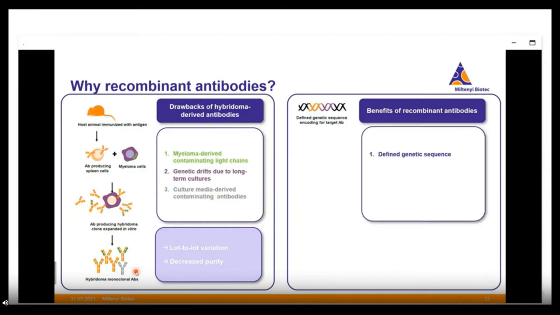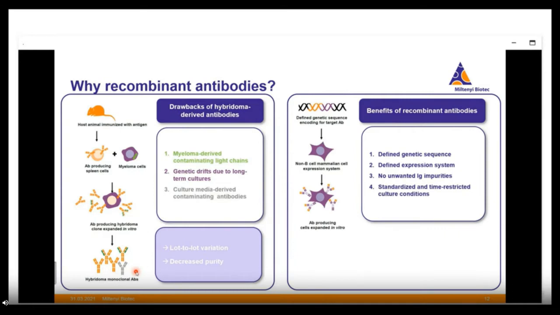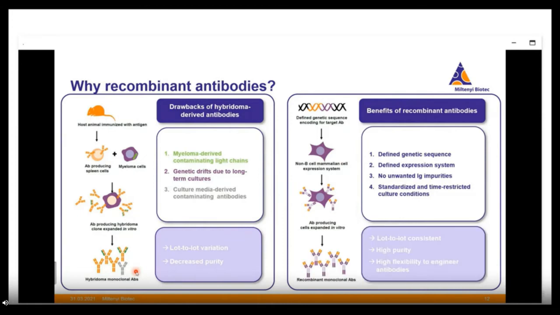Recombinant antibodies, on the other hand, are genetically engineered. They have a defined DNA sequence which is inserted into mammalian cells that are programmed to express the product of this particular DNA sequence. Since they are not derived from B cells and are also cultured in a defined condition, the contaminants that you have seen in the hybridoma clone scenario are not there for the recombinant antibodies.